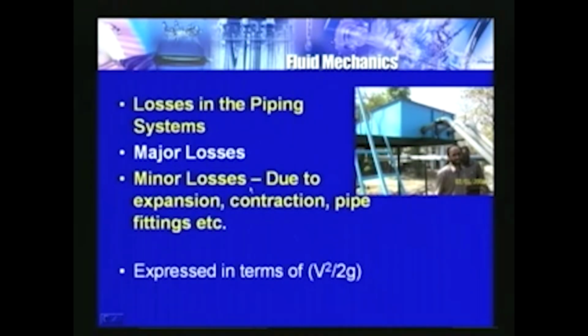The minor losses can be put in terms of V square by 2g, where V is the average velocity in the pipe, so we can express it as K into V square by 2g, where K is a coefficient with respect to various minor losses like expansion, contraction, pipe fittings like junctions, bends or T junctions, valves, etc. This we have seen in the last lecture. Now we will discuss more about the various minor losses as far as pipe systems are concerned.